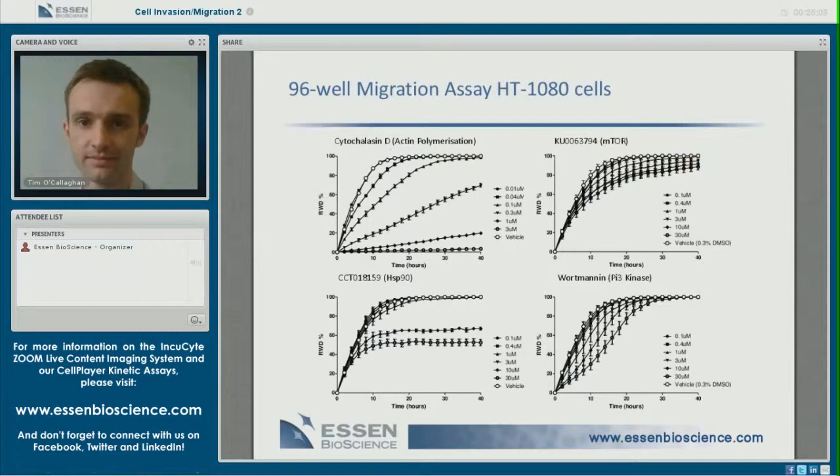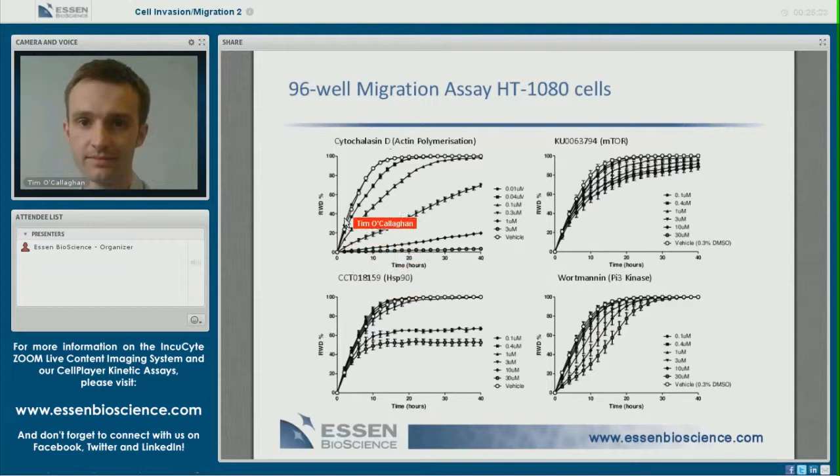So these 4 treatment profiles really show the value of kinetics and show that kinetic analyses are really important to fully understand the temporal effects of these compounds. Now we can analyze these temporal profiles further by creating compound signatures for these 4 compounds.